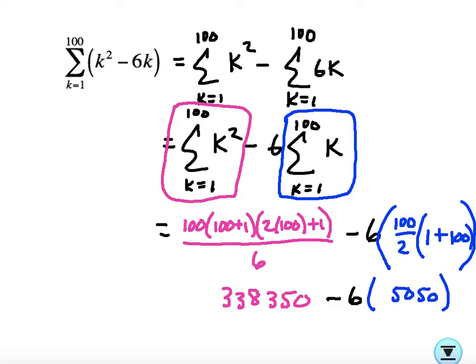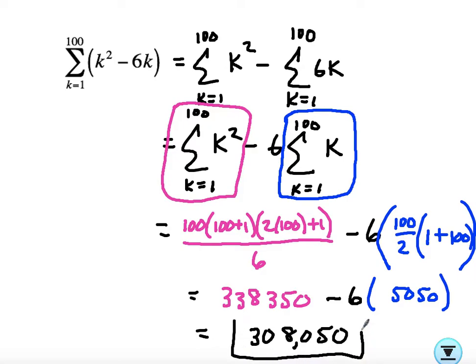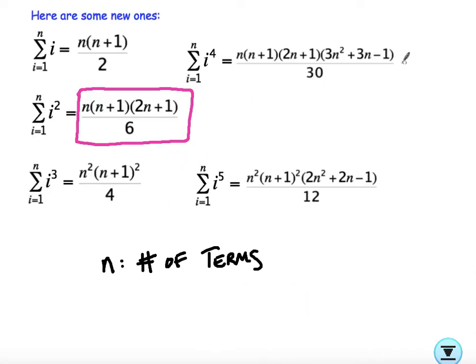Then type that in for your final answer, and you will get 308,050 for your final answer. Okay, so when you've got parentheses, you're allowed to break up the summation, and if you see anything squared or cubed, I would use any of these formulas.